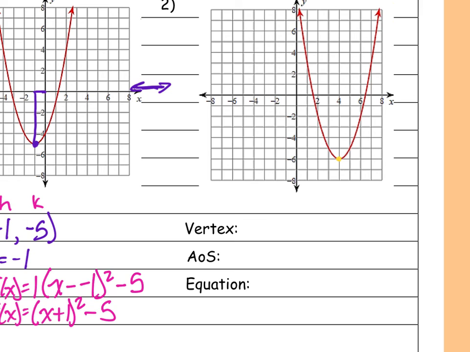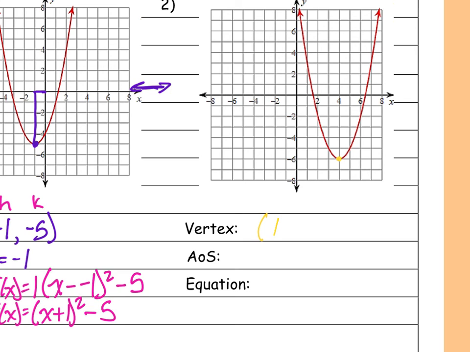The yellow one. We already did the purple one. Is it 4, -6? Yes, it is. Hey, Alex, that's great, by the way. Nice job on answering all the questions.